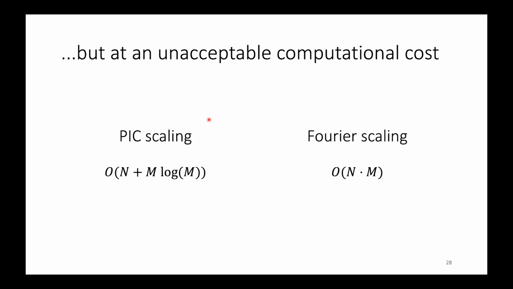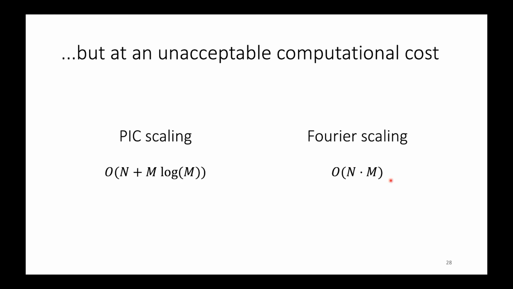For PIC scaling, we want something that decouples the number of particles per cell and the number of either field modes or grid cells, however we've chosen to discretize our field. And this new method does not do that.